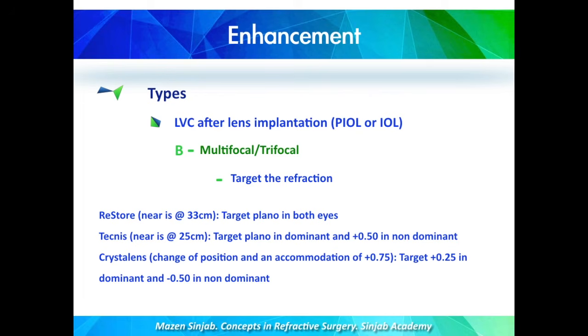If it was thickness, we have to target plano in the dominant eye and plus 0.5 in the non-dominant eye. If it was crystal lens, then we have to target plus 0.25 in the dominant eye and minus 0.5 in the non-dominant eye.